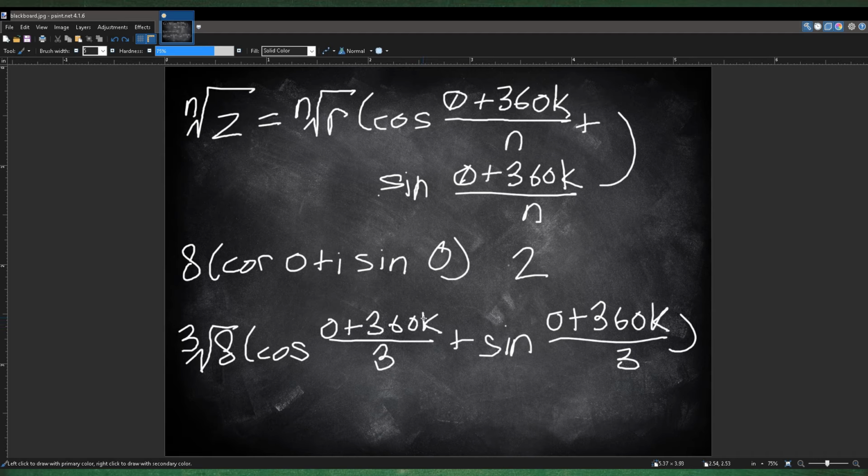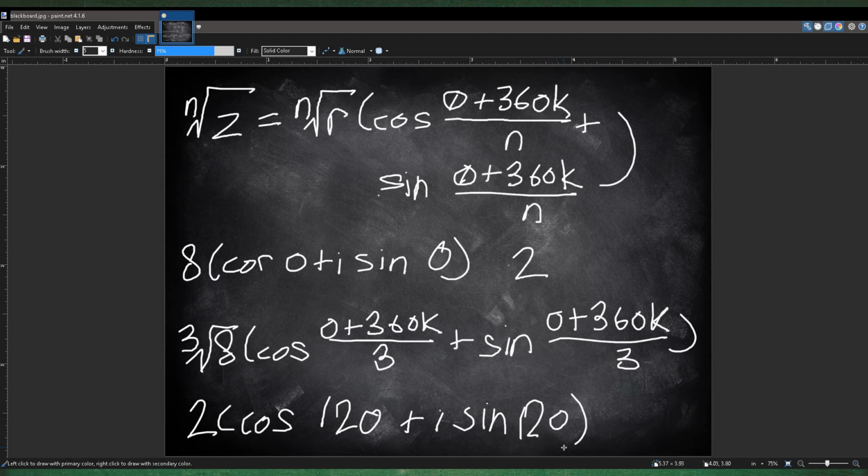So now we have to find when k is equal to 1. When k is equal to 1, it's just 2 cosine of 360 times 1, which is 360, plus 0 is 360. So 360 divided by 3 is 120, plus i sine of 120. This is basically the same angle.